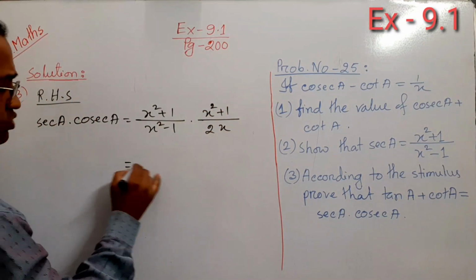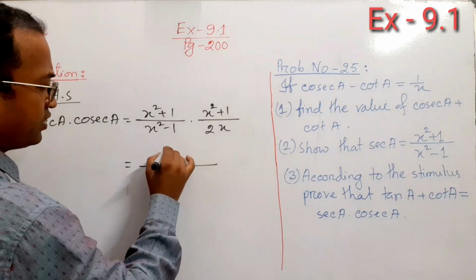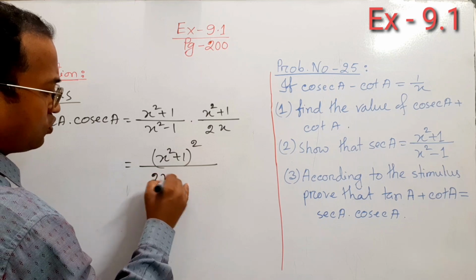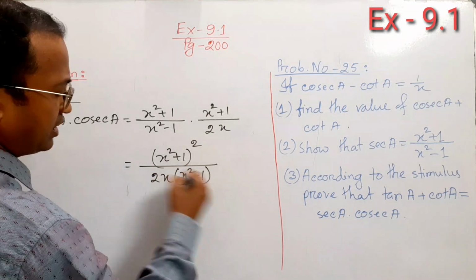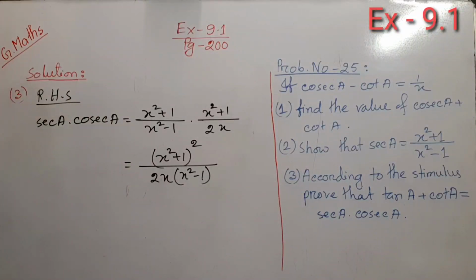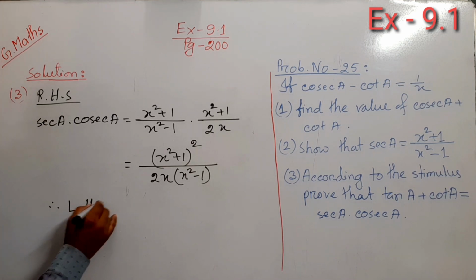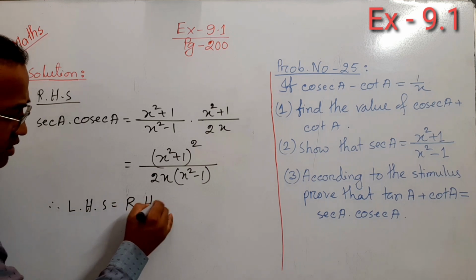Now multiply these two fractions, you will get x square plus 1 whole square by 2x into x square minus 1. That is the value of right hand side. Therefore left hand side equal to right hand side, proved.